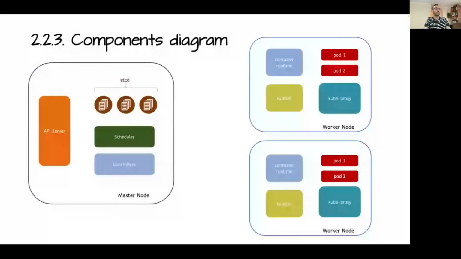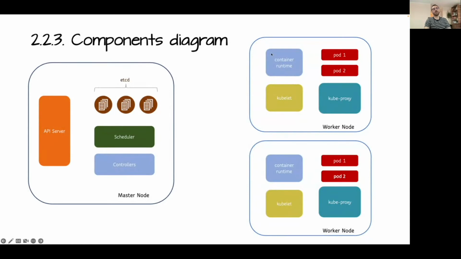Okay, and here we have a high level view of what we just saw. So we have the master node with the API server, the gateway, the database, the scheduler, which schedules pods on worker nodes, the controllers, which check the state of the worker nodes, and then here in the worker node we have this container runtime.